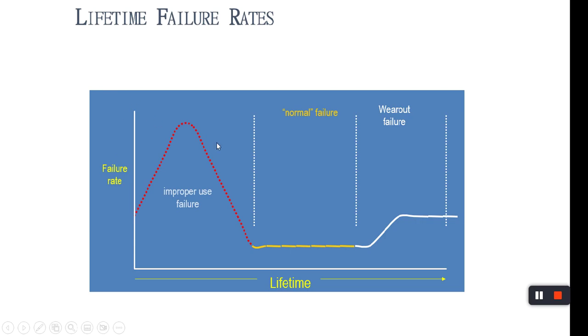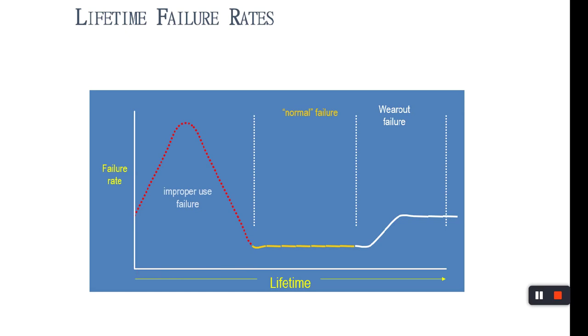Okay, so here's a chart that would show us the lifetime failure rates of the property, plant, and equipment. So at this point, if the equipment or the machineries are relatively new, the failures, if any, are caused by improper use. Because if the equipment is new, of course, we can expect it to be functioning well.